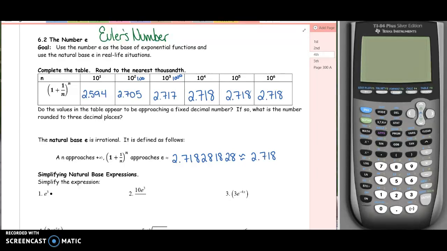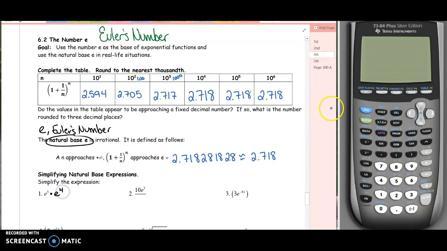E is called Euler's number. It's also called the natural base. Whether you call it E or Euler's number, you are most often going to hear it referred to as the natural base E.